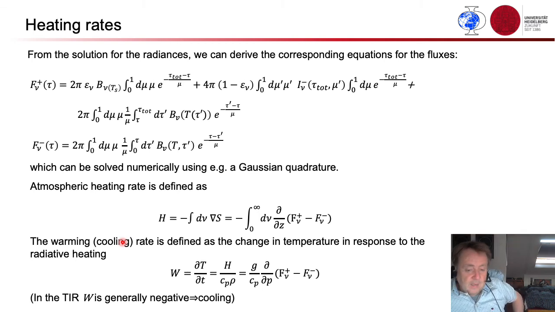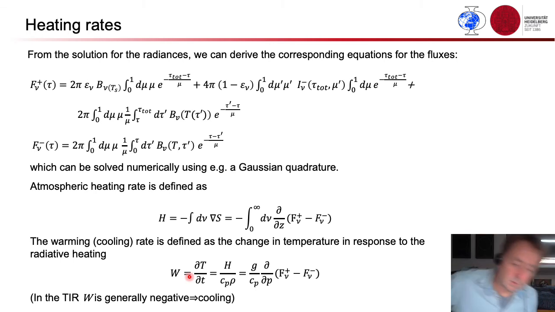is defined as the change in temperature as a response to the heating of the atmosphere, and we already derived that equation some lectures ago. This warming or cooling rate is the change in temperature with time. It's the heating rate divided by the heat capacity times the density of air.